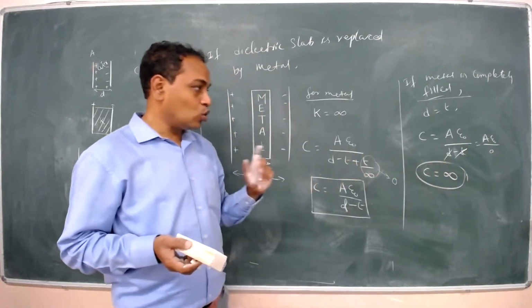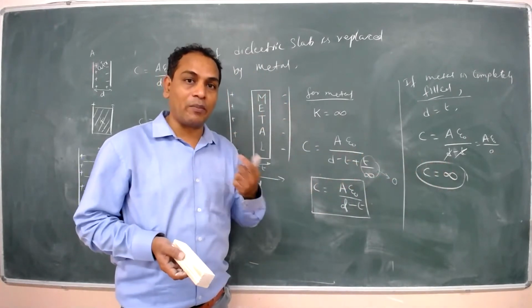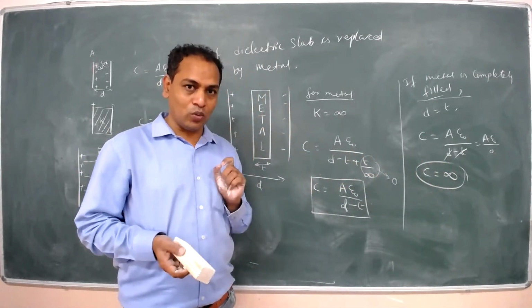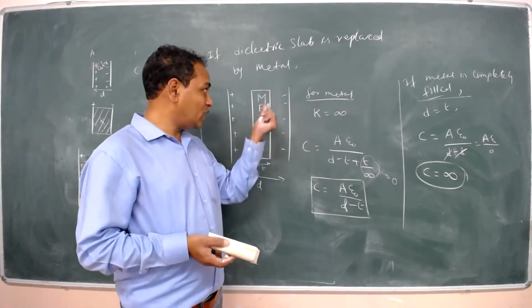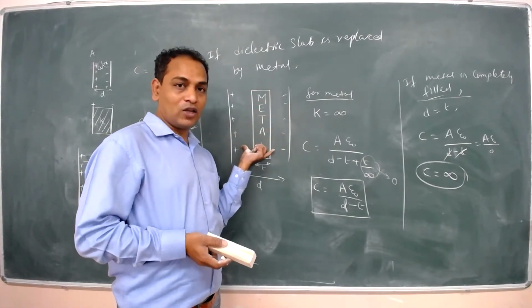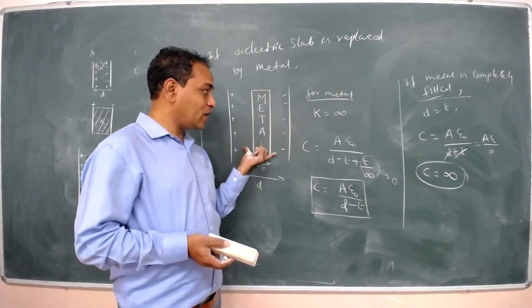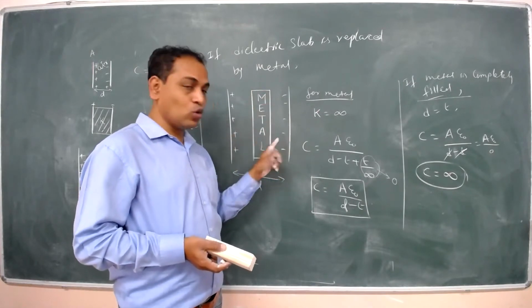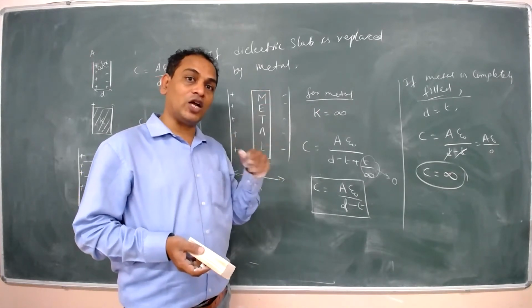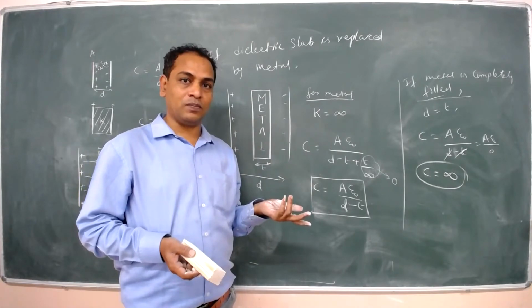So to increase the capacitance of a capacitor, one thing we can do is introduce a metal plate. If you introduce a metal, then the capacitance between these two plates will further increase compared to the previous one.